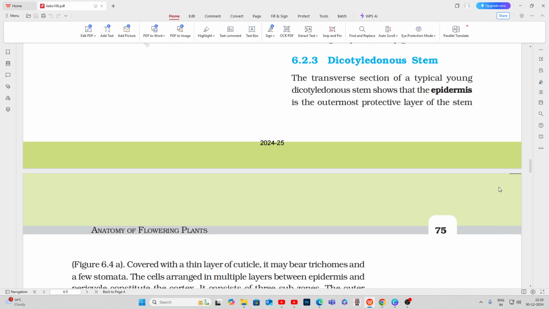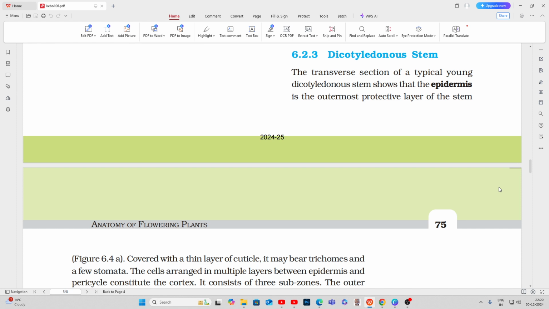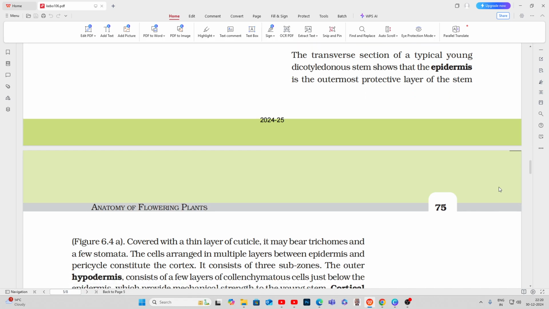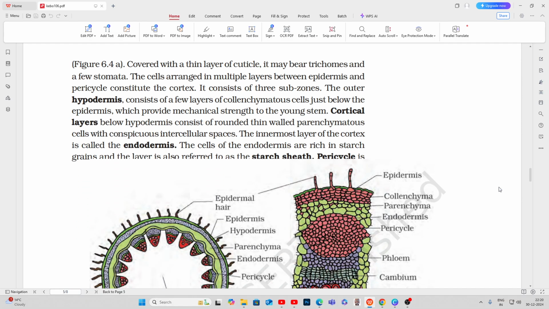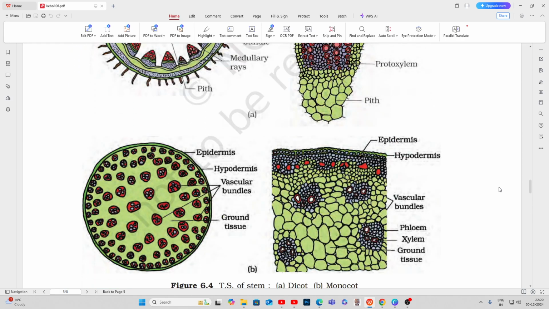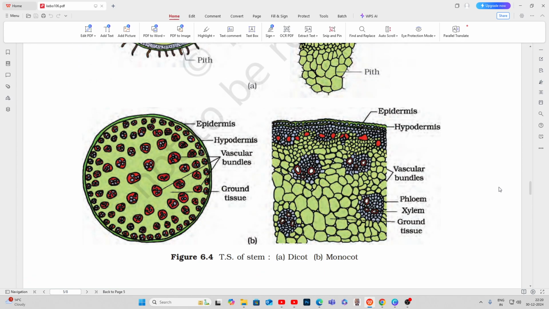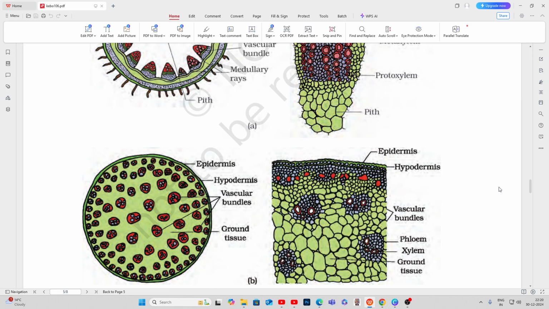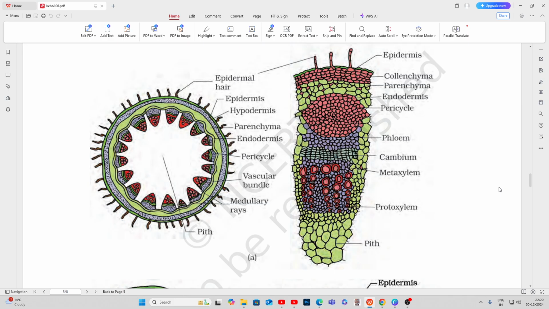6.2.3 Dicotyledonous stem. The transverse section of a typical young dicotyledonous stem shows that the epidermis is the outermost protective layer of the stem. Figure 6.4. TS of stem. A. Dicot. B. Monocot. Epidermal hair. Epidermis. Hypodermis. Parenchyma. Endodermis. Pericycle. Vascular bundle.